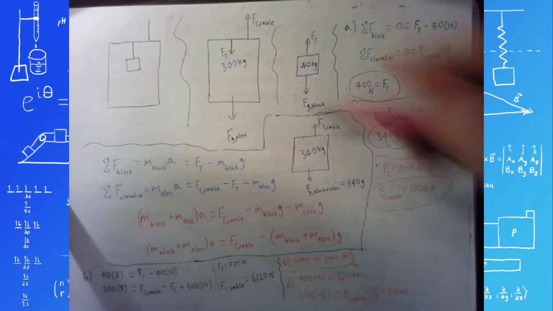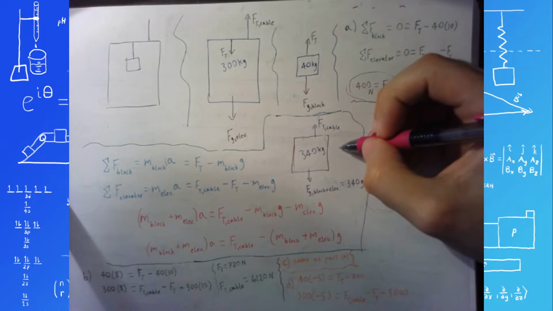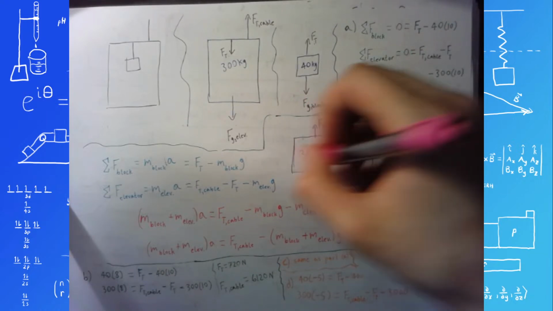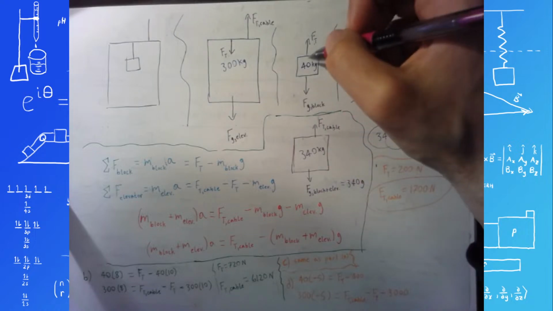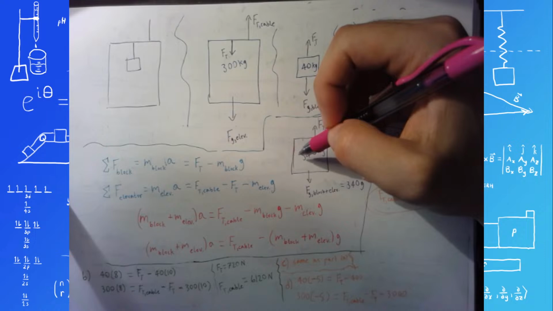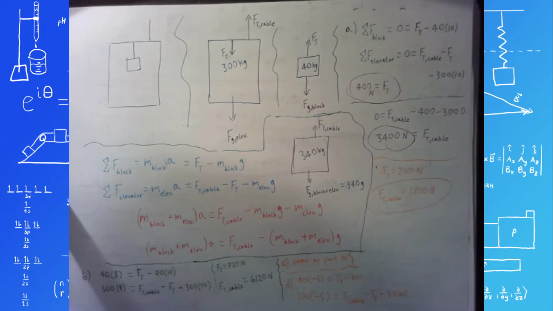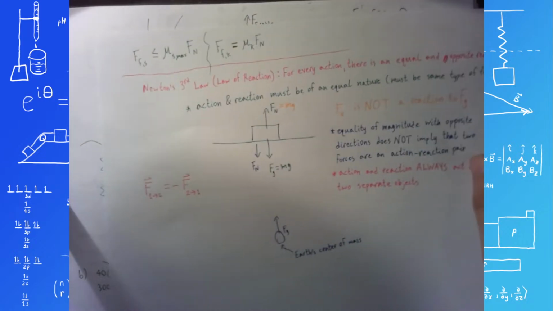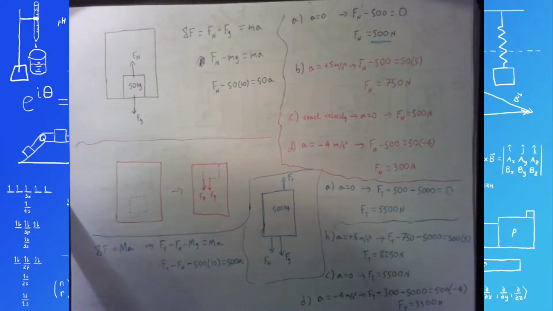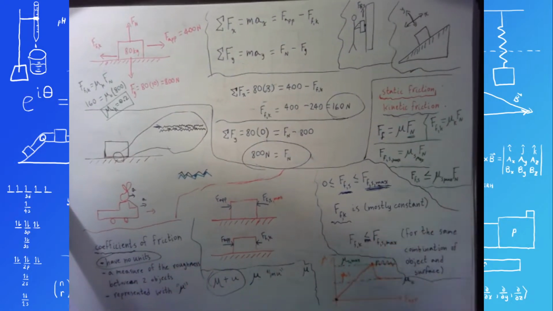At that point, these two forces would need to disappear because an action and reaction cannot exist all on a single object. You would actually have to cut this object up into parts in order to draw a pair of forces on it. You would have to cut it into at least two parts, which is what it was originally before we combined it. So that's a little bit more insight on what we did there. I didn't really plan for that, but now I'm glad that I did that.